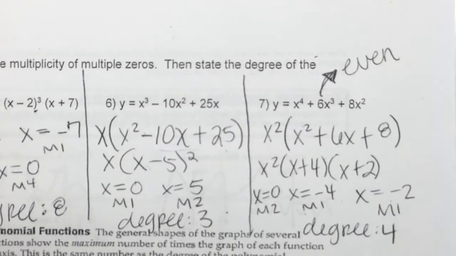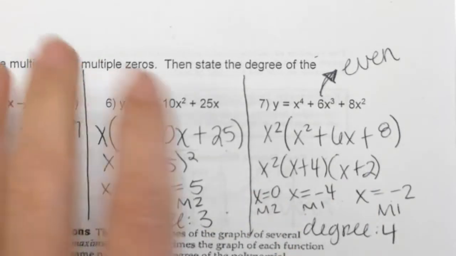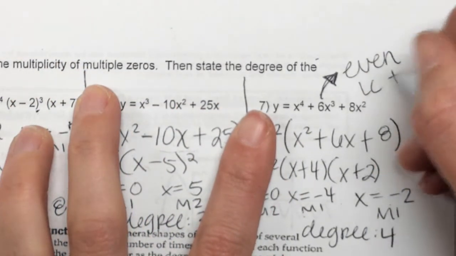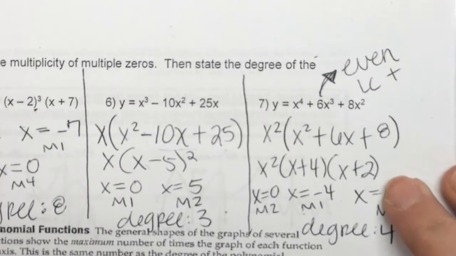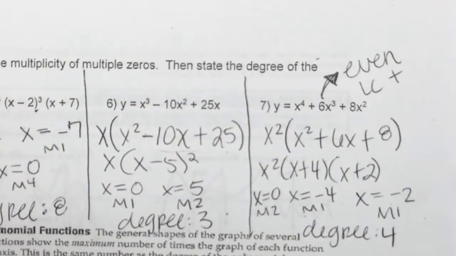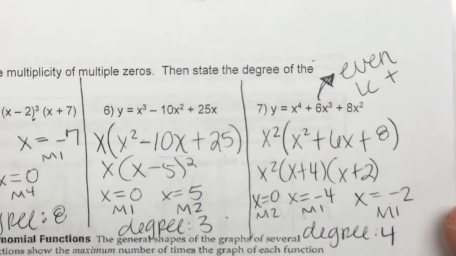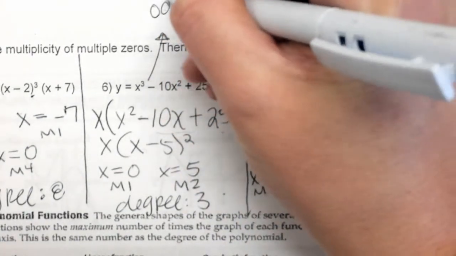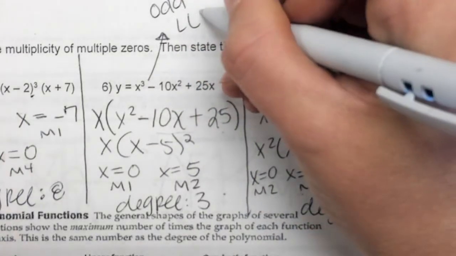I just care, for the graph part, if it's positive or negative. So the leading coefficient here, what's the number? 1. Is it positive or negative? So for leading coefficient, I want you to put plus. It's even with a positive leading coefficient. And you'll see why that's important in just a minute. Alright, this next one, even or odd? Positive or negative leading coefficient? Good.